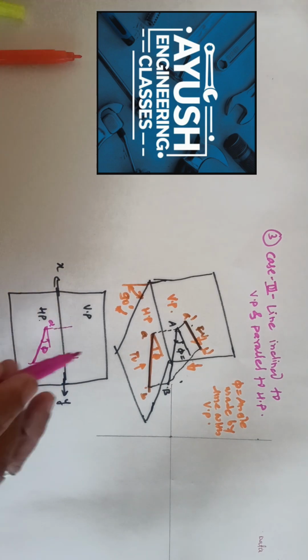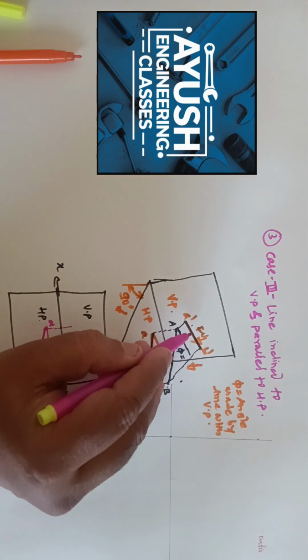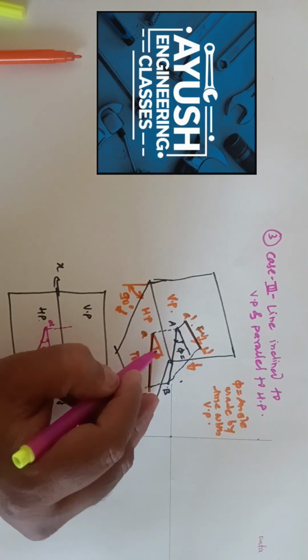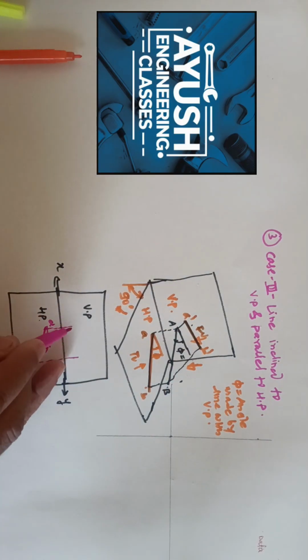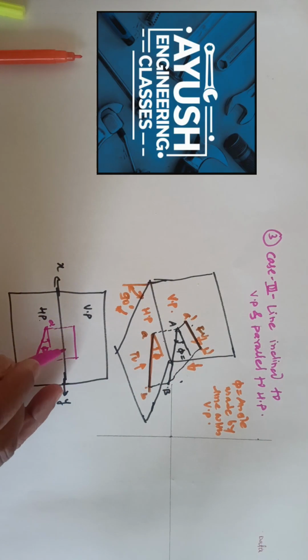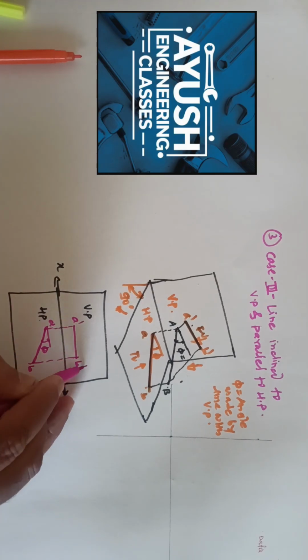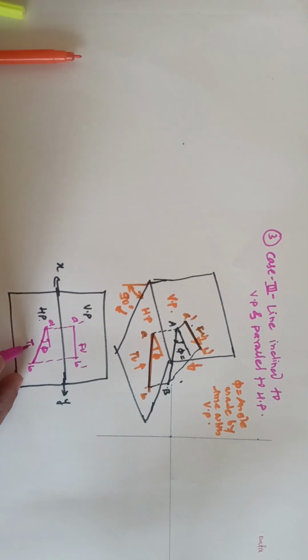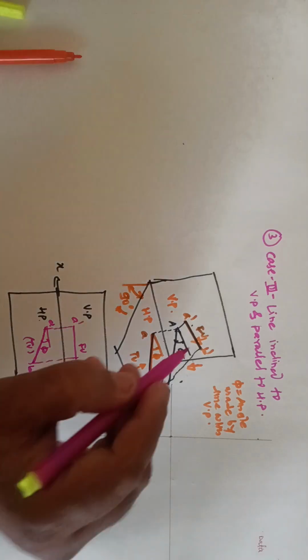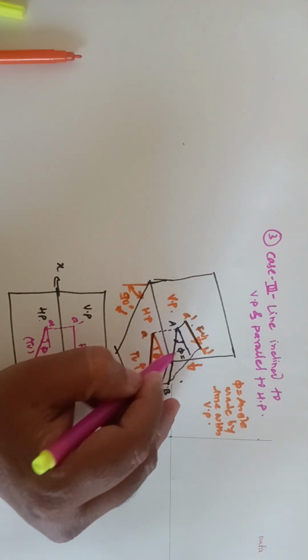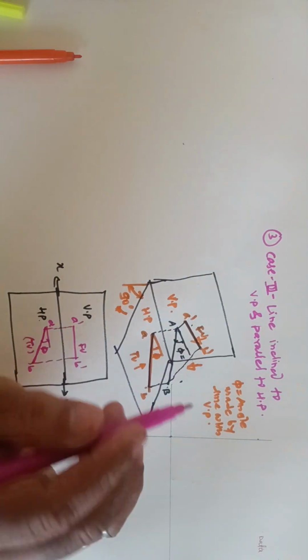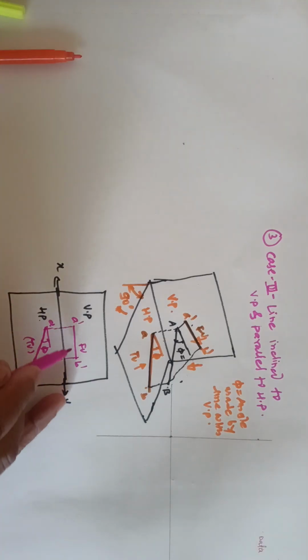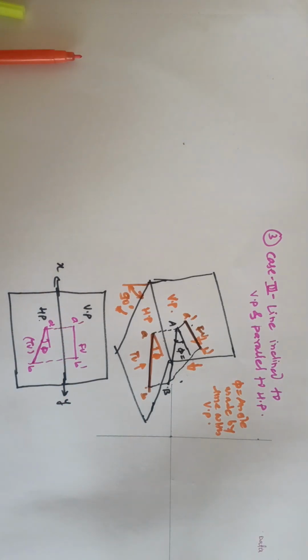We know that the front view is the reduced length, and that front view is parallel to the HP, meaning it is parallel to XY. That's why we draw the front view A dash B dash parallel to XY. So that one is the front view and AB is the top view of that line.